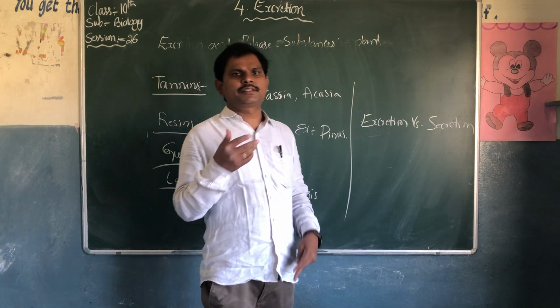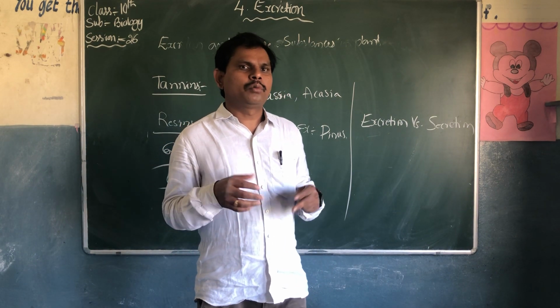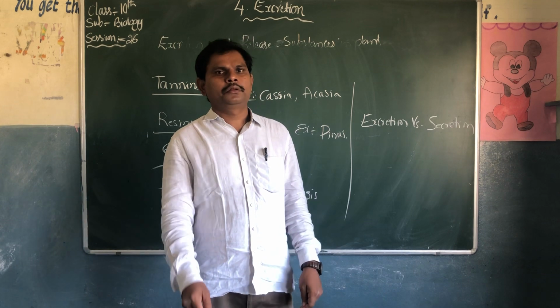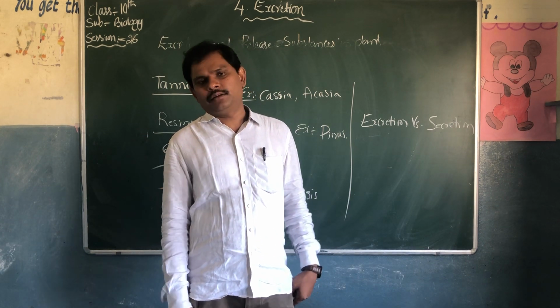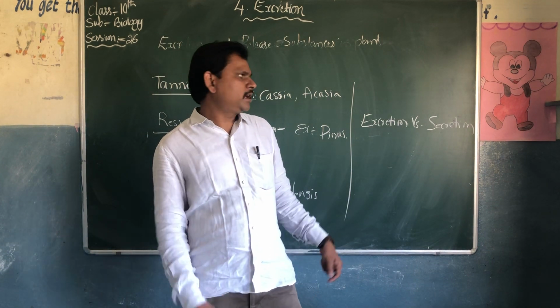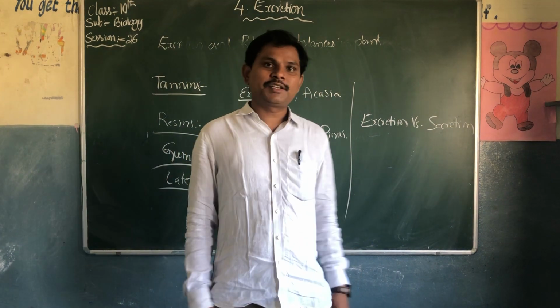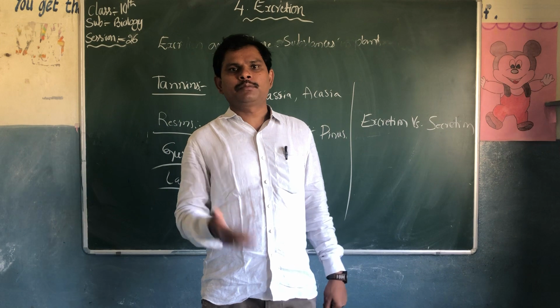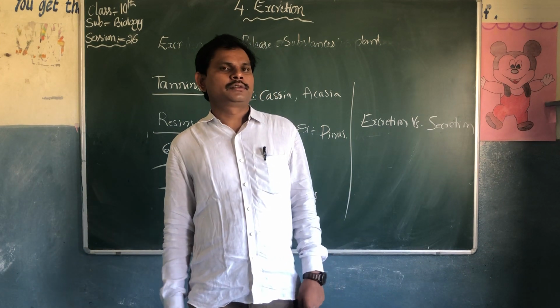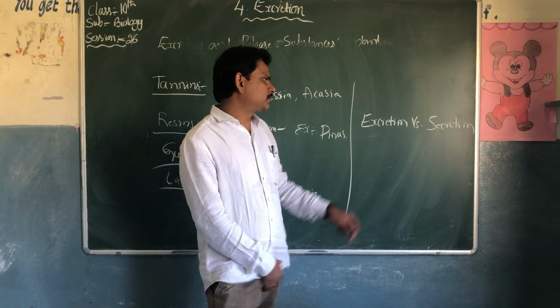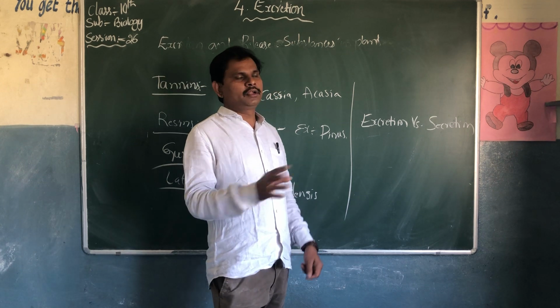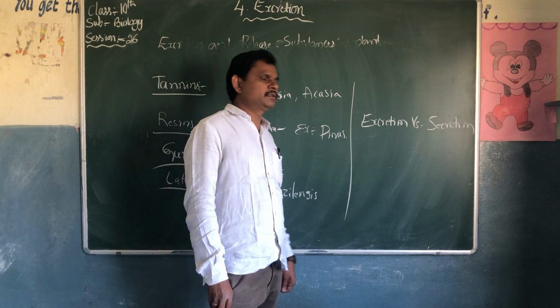Excretion is sending waste material from the body to the outside. Transpiration is an excretion. Transportation, sending materials from one part to other parts, comes under secretion. This is the difference between excretion and secretion.